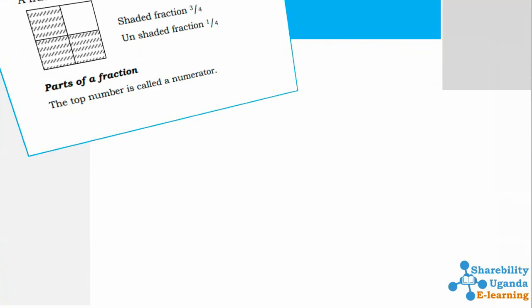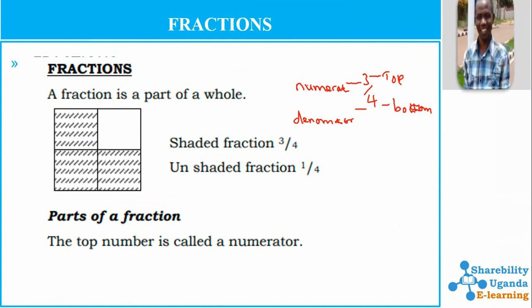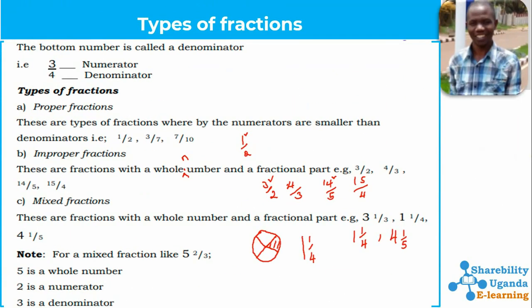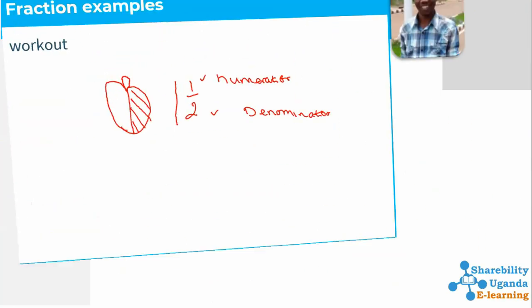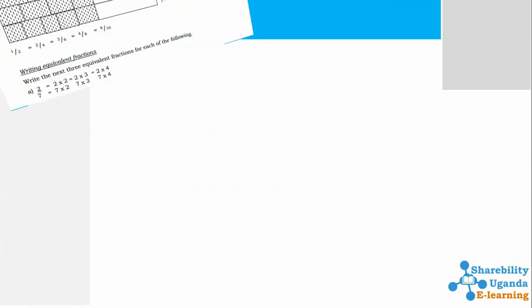Then we also looked at what we call these fractions and how you can represent or show them, maybe if it is given on a Venn diagram, or when it is in a certain kind of shape. So we went ahead and looked at the categories of these fractions, then worked out how they look, and the kind of fraction which is the mixed fraction.